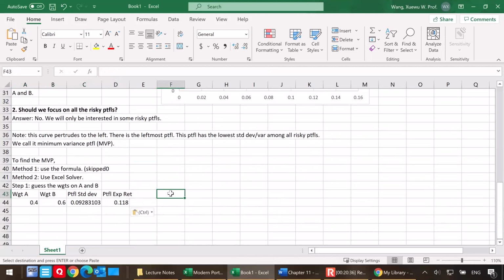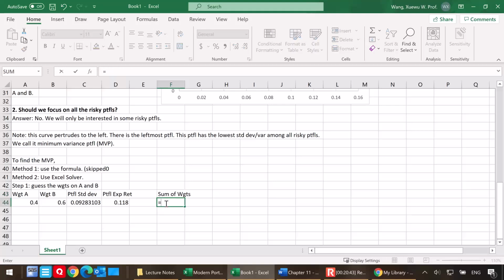And I need to do one more thing, the sum of weights, because I'm guessing 2 weights here, so I need to check, after the optimization program, that the weights add up to 1, all right, which in this case is 1 for now because I happen to guess 2 numbers that add up to 1.